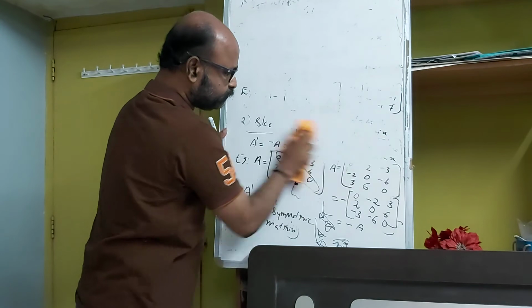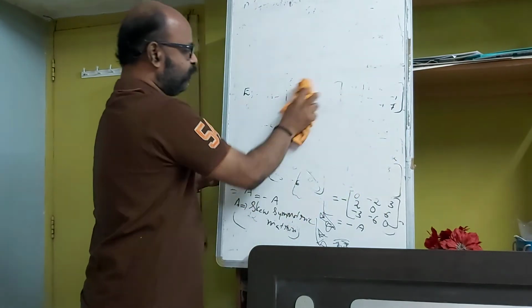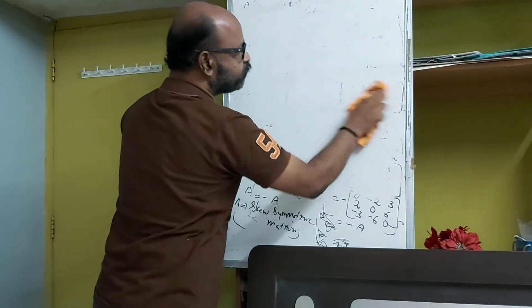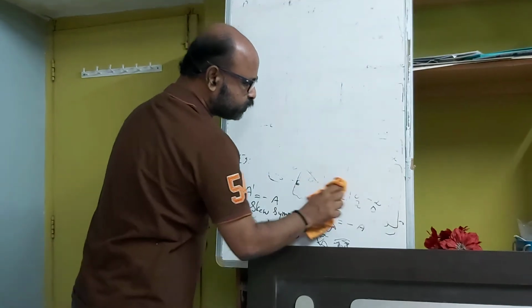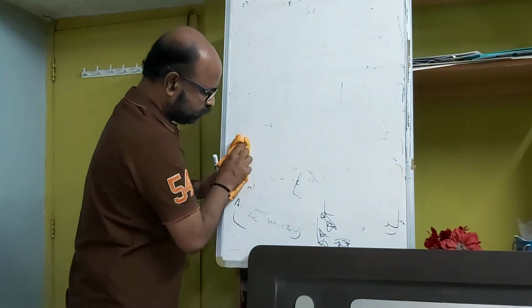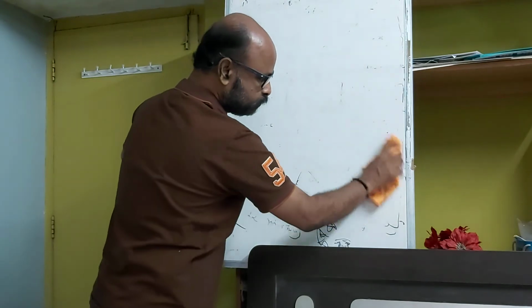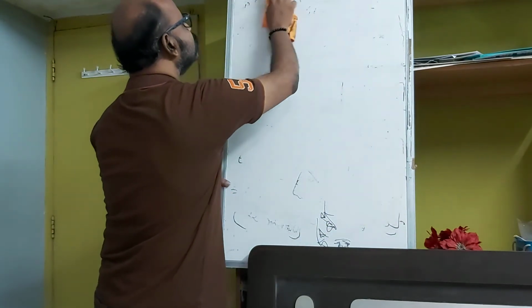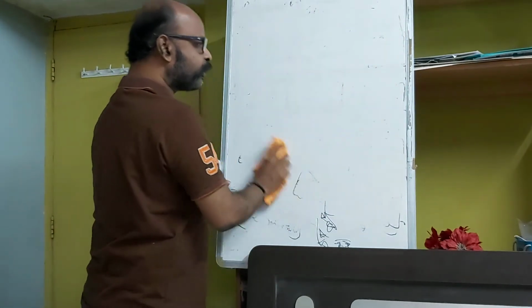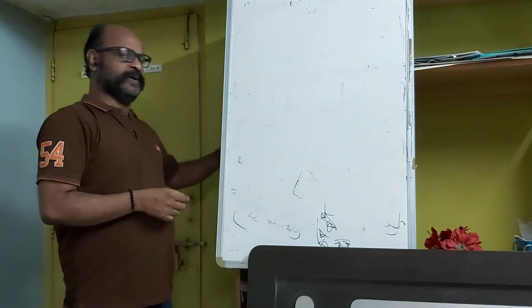So we have discussed what is meant by a symmetric matrix and what is meant by a skew symmetric matrix. Now, based on the concept of symmetric and skew symmetric matrix, we come to an important conversion or expression of a square matrix.